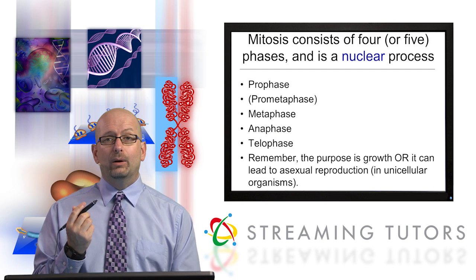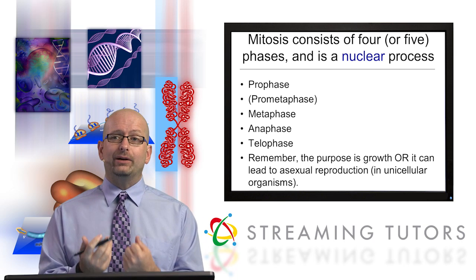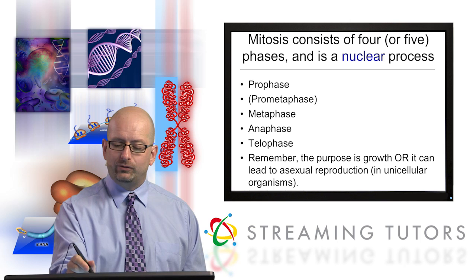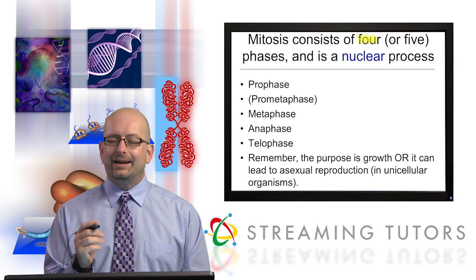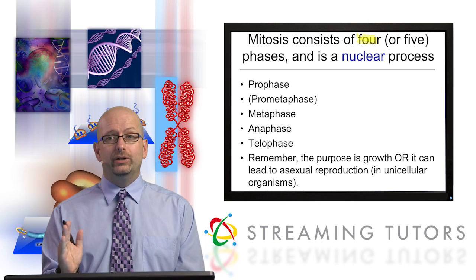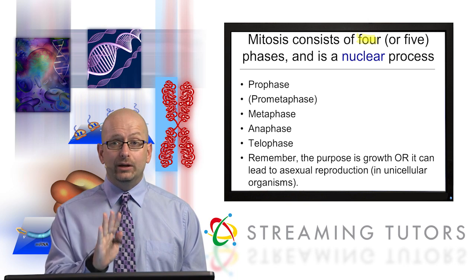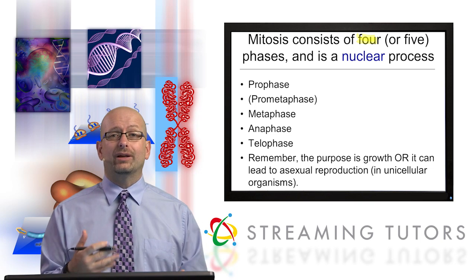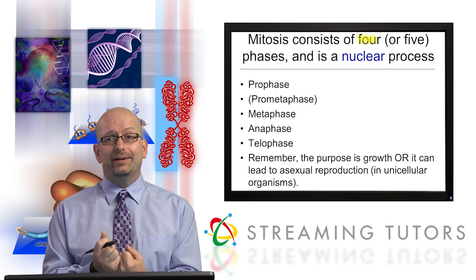Now, as we look to go through the mechanics of mitosis, mitosis traditionally consists of 4 phases. And I say or 5, sometimes 6, 7, 8. It really depends how detailed people want to get into it. You need to know the 4 phases. I'm adding one extra just because I think it's an instructive part of it.